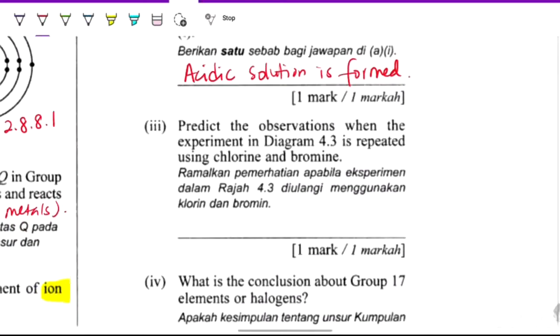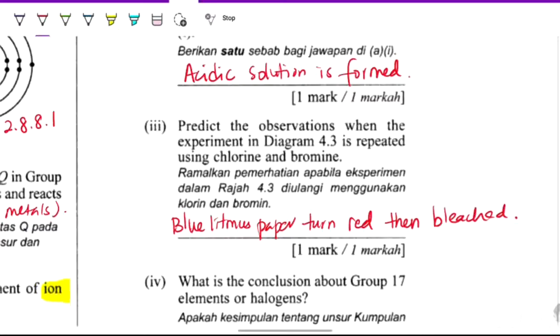Predict the observation when the experiment is repeated using chlorine and bromine. For chlorine and bromine, they form hypochlorous acid and hypobromous acid. So the blue litmus paper also turns red, but it will bleach.